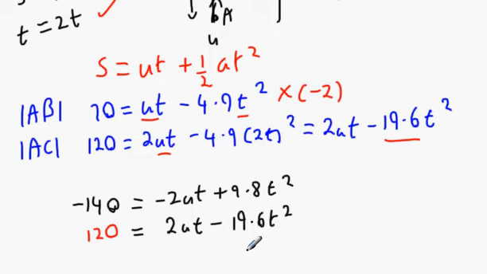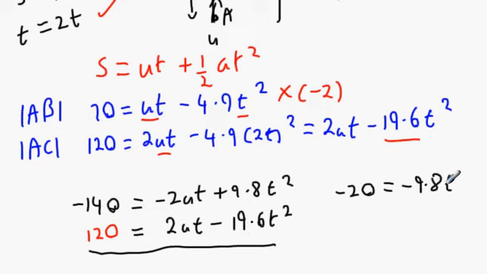So what we're going to get is basically -20 equals minus 9.8t squared, yeah? Divide 20 by 9.8.